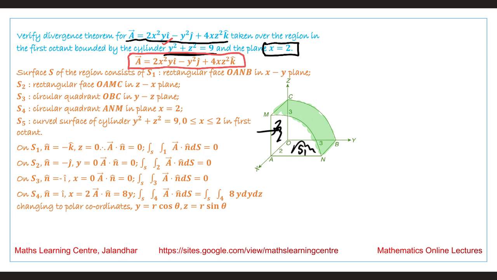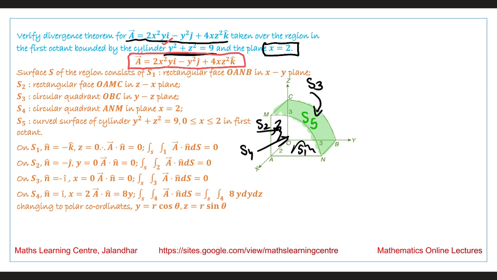Next we have S3, the octant in the YZ plane, that is OBC, the plane from this side. A plane from this front side is S4, and this curved region is S5.